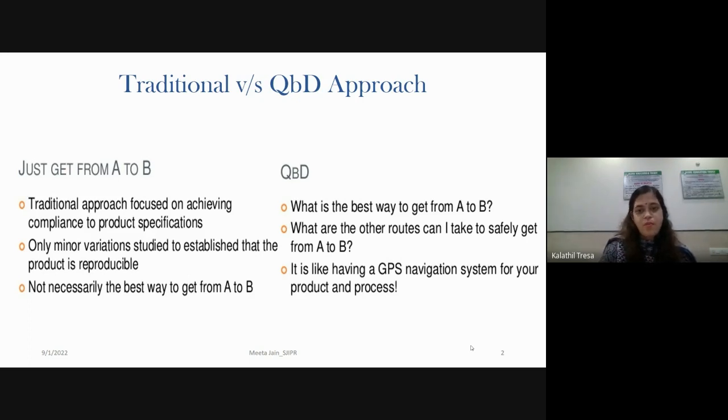You have your Google Maps, which gives you options of various paths from where you can reach from A to B. What is the best path, keeping in mind the time required and the traffic? Similar is our QBD, which is a GPS navigation system for product and process development.